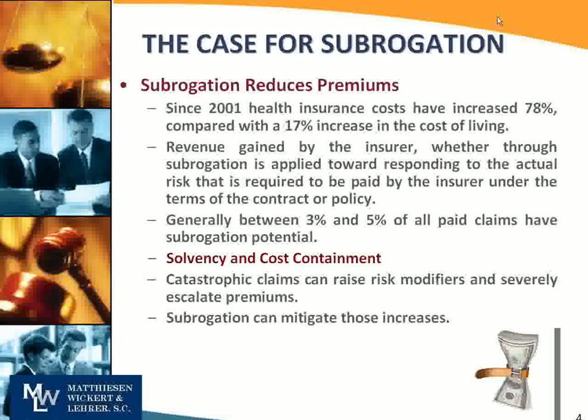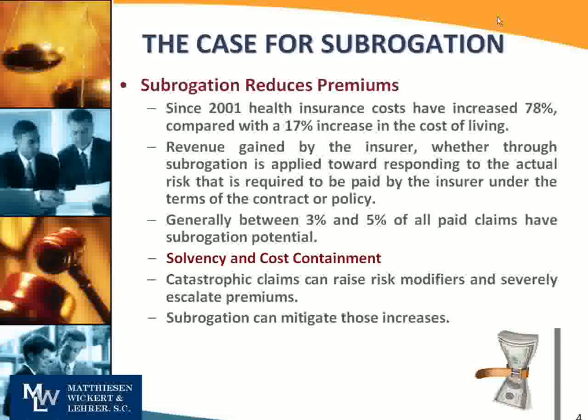It informs the court what exactly is at stake here, why we are subrogating, and how it affects other members of the plan or other insureds under this policy. And to do so, I look at the statistics.